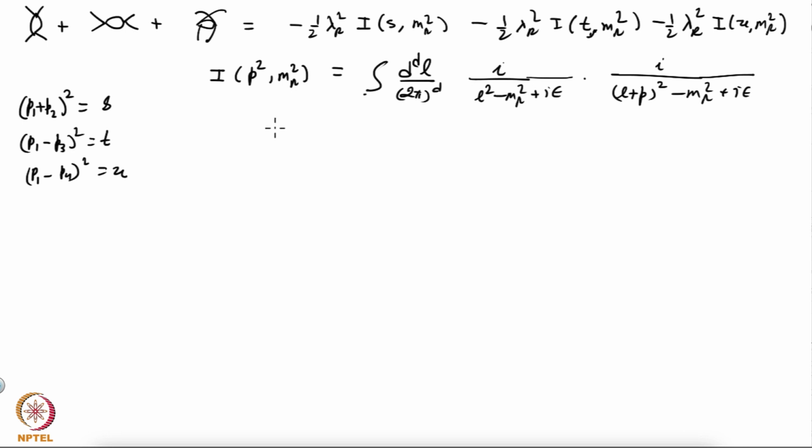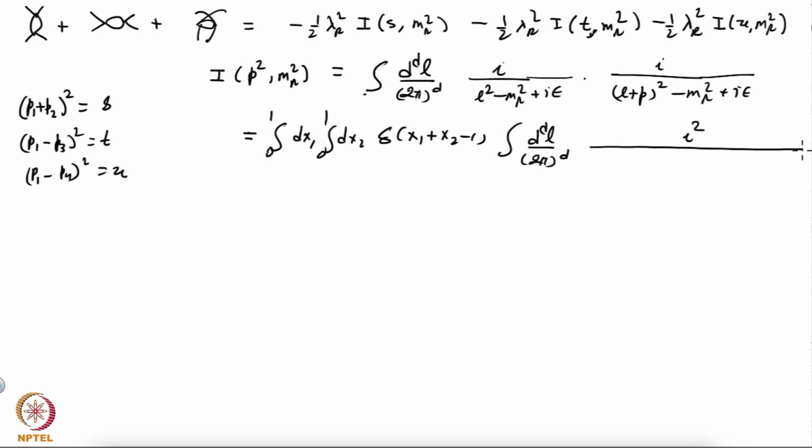So this I can write as integral 0 to 1 dx1, integral 0 to 1 dx2, delta of (x1 + x2 − 1), integral d^dL over (2π)^d, and then you have i squared, i into i makes i², times x1 of (L² − m_R² + iε) plus x2 (L + P) squared.